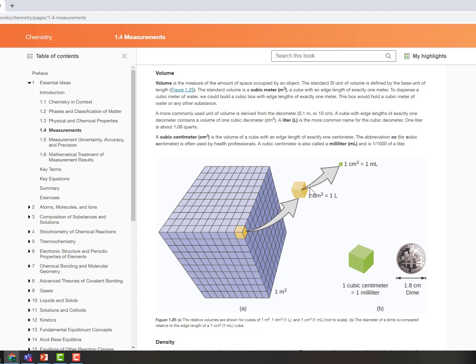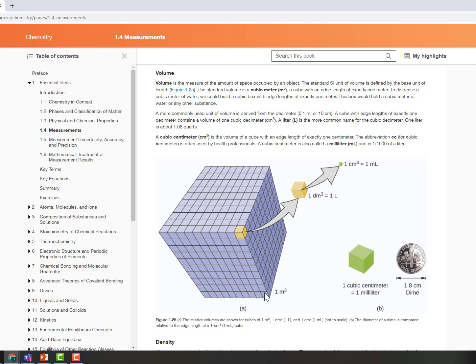But this is more than 10 times smaller than this is. And the reason for that is because it's not just one factor of 10. It's one factor of 10 per each edge. So on this edge, on this distance, we can say this yellow part is 10 times smaller than the whole thing, but also true in this direction, also true in this direction. So it's 10 times smaller, but it's 10 times smaller 3 times. And we multiply all of those together.